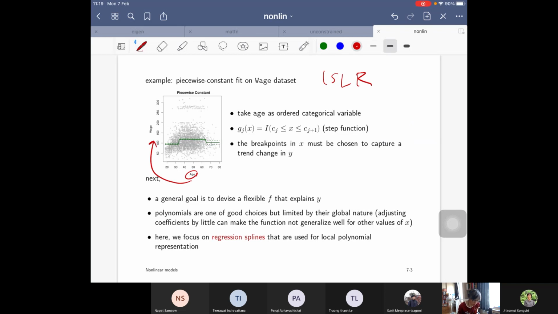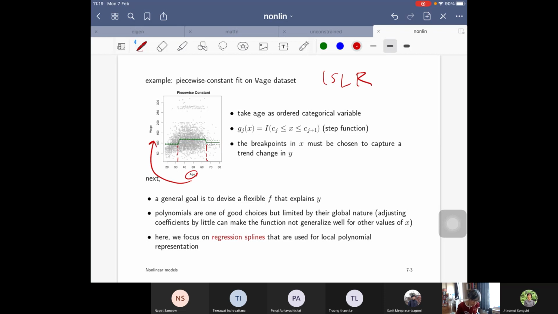The gray dots are the data set. Here is an example of piecewise constant. You define the breakpoints, the points where you allow the piecewise constant to switch.